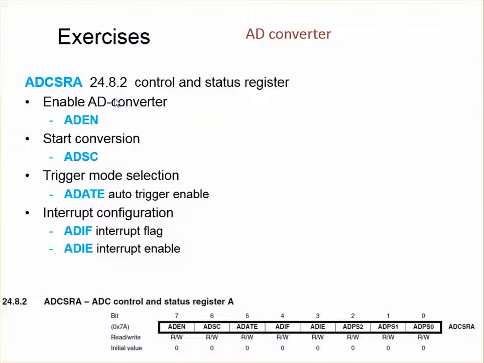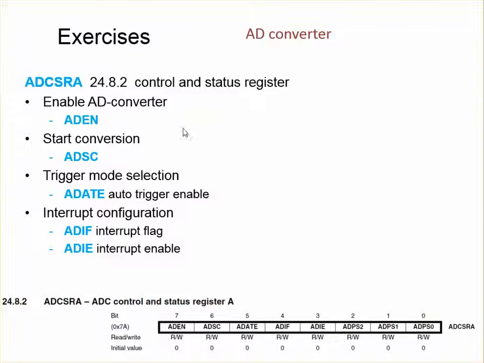Here are a few of the important bits in that control register. The first bit here is AD enable, so we could say that this is the switch for the AD converter. It enables or disables the AD converter functionality. If we put this 1, then the AD converter is active, and if we put this 0, then the AD converter is disabled and not used at all.